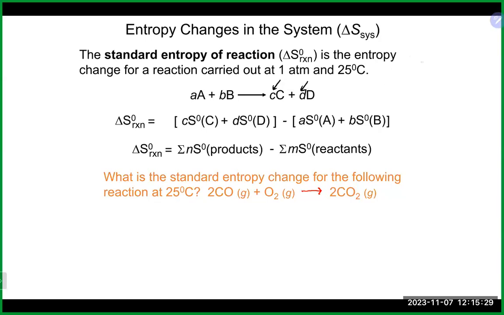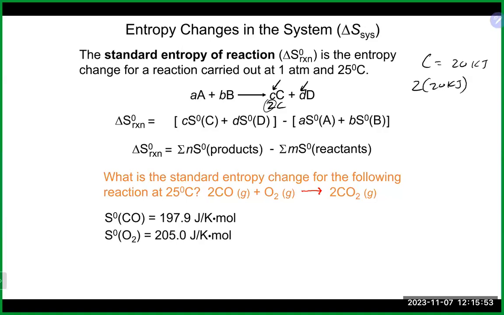So again, if you had 20 kilojoules in the table for C, and the coefficient was 2, you would need to take 2 times 20 for your value. So you do need to multiply by the coefficient. You want to add up all the entropy values from the table for your products and subtract from them all the entropy values from the table for your reactants.